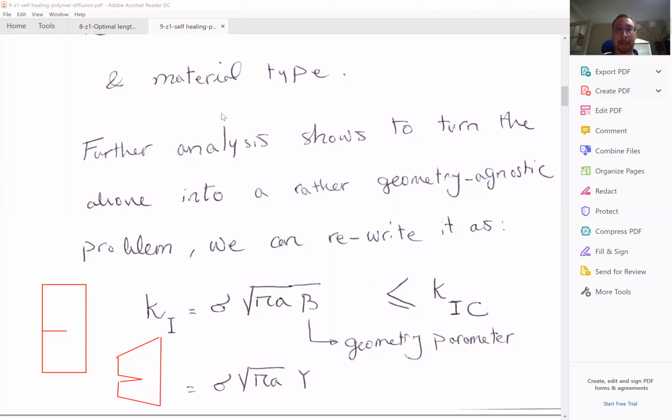In all of these cases, the loading could be something like this, or it could be something like this.